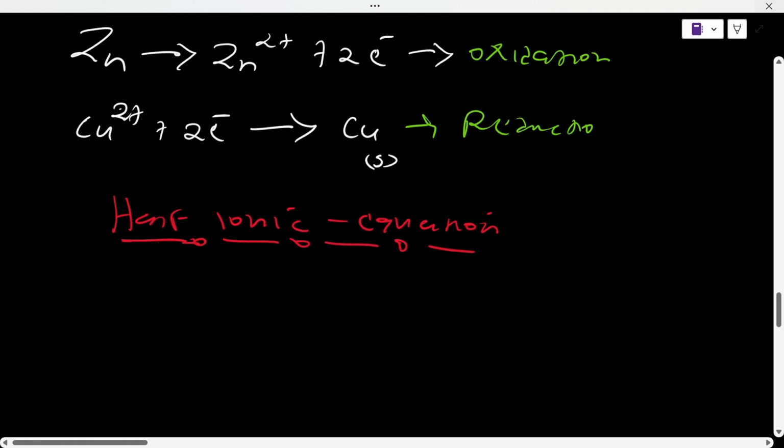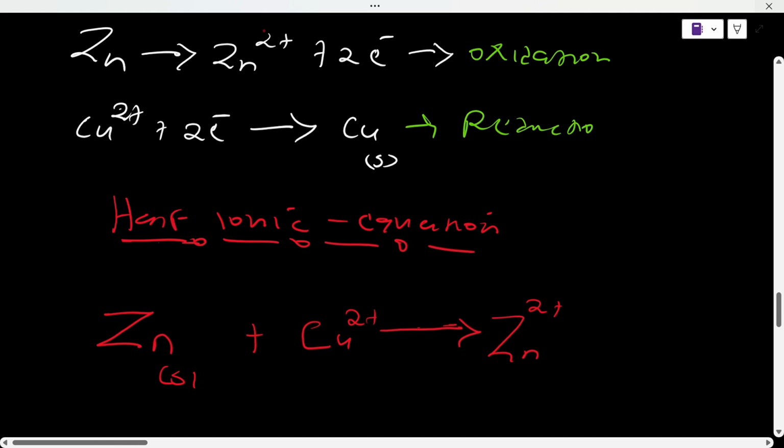Now I can have zinc, which was a solid initially, reacting with copper 2 ions that were in the copper sulfate, to give me zinc 2 positive plus copper solid.